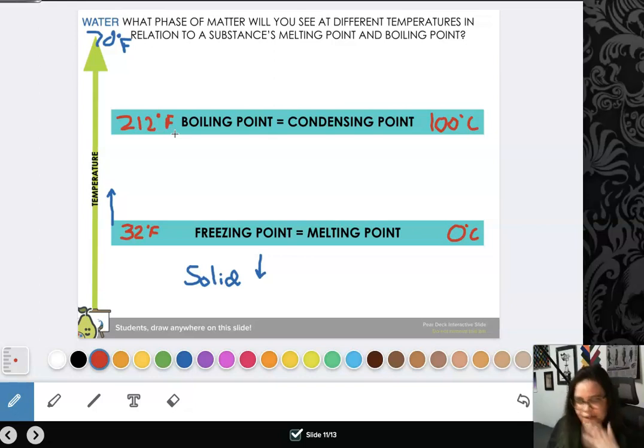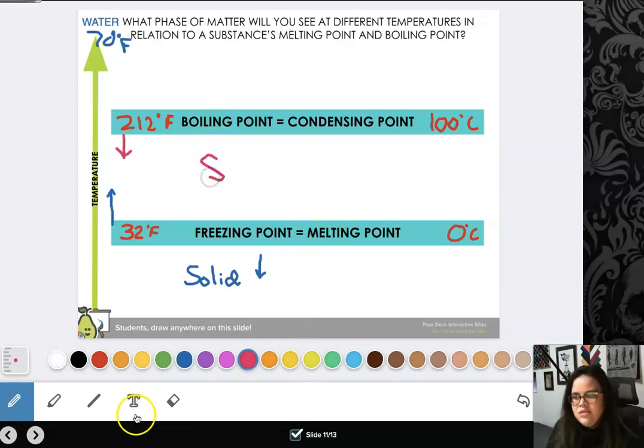And so what you're going to do is you're going to be like, okay, we're at 70 degrees Fahrenheit. We know it's greater than 32, but now we also know that it is less than 212, meaning we have a substance that has melted, but we don't have one that has yet boiled.